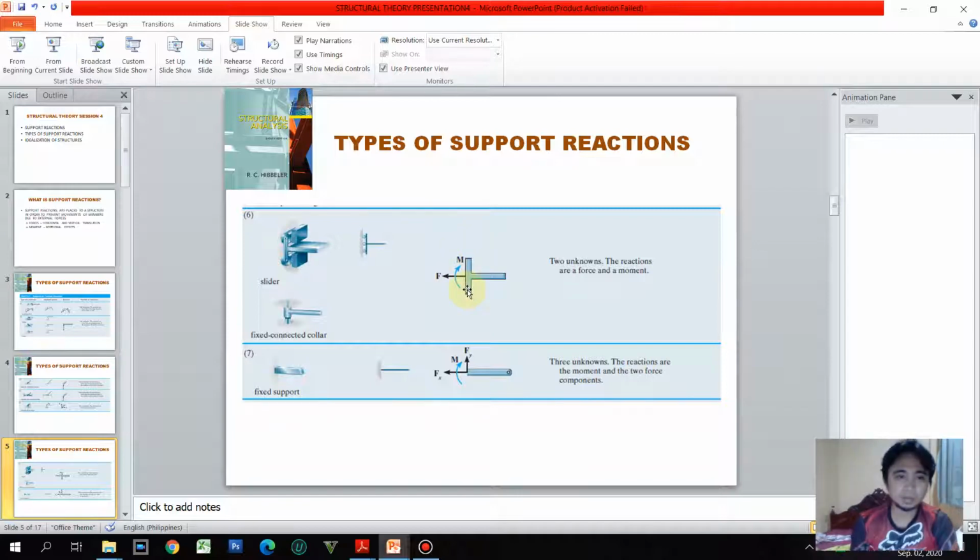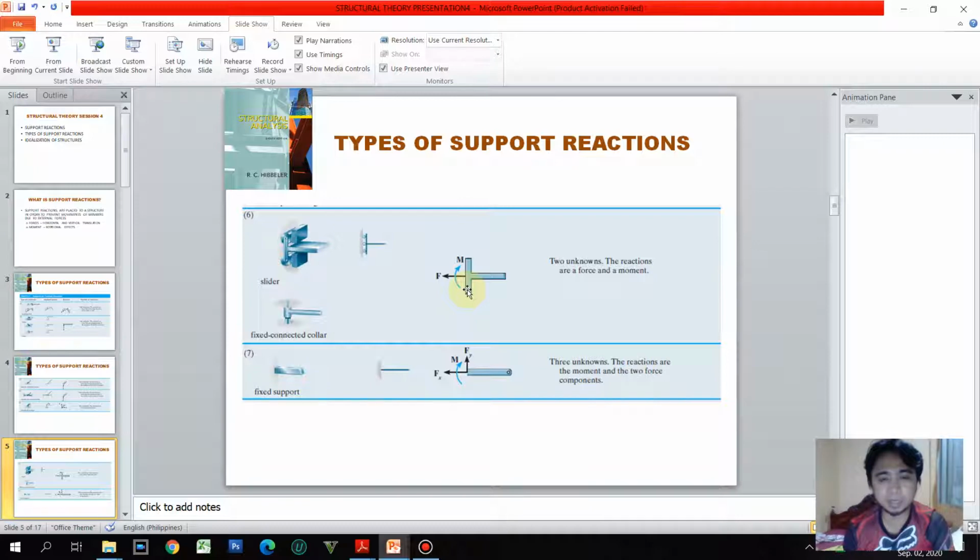Okay, so finally, for number 7, we have a fixed support. This is a common support for an RC frame or reinforced concrete frame, wherein we have a restrained support preventing movement horizontally and vertically, and preventing rotation.